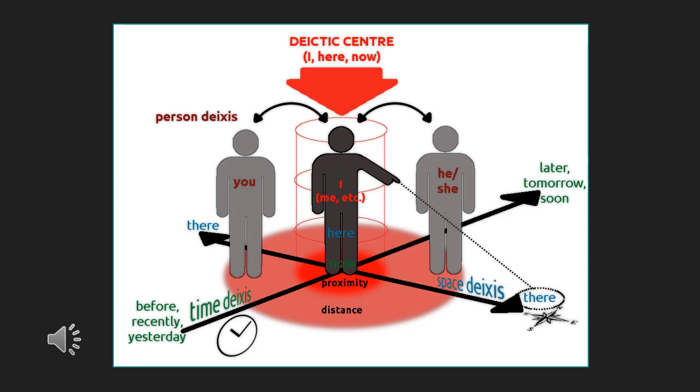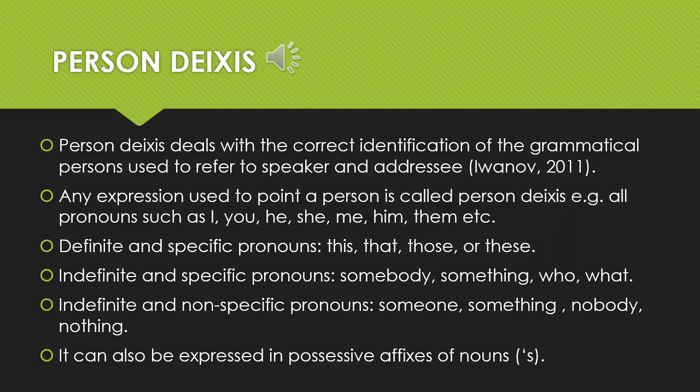And then there is also space deixis, or the coordinate positions of the speaker, like here at the deictic center, or there, pointing out somewhere outside the speaker. These are the proximity of the first speaker or the deictic center. And the distance is how long the length is from the deictic center to the one that is being pointed out.